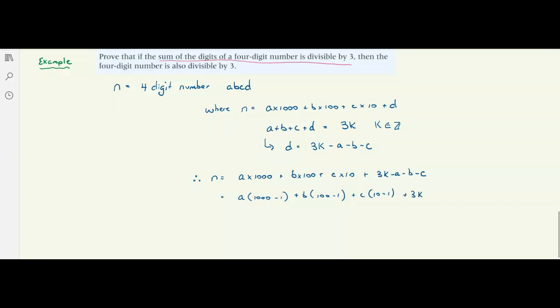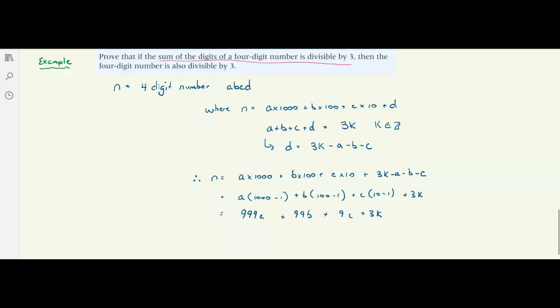If you expand that out, 1000A minus A ticks off my A terms, 100B minus B ticks off my B terms, 10C minus C ticks off my C terms, and then I've got my 3K there. So it's starting to take a little bit of shape. A by 999, plus 99B plus 9C plus 3K. Remember, this is my N.